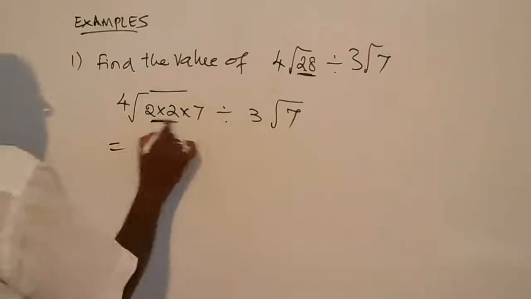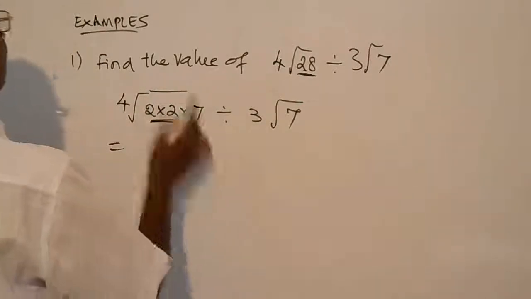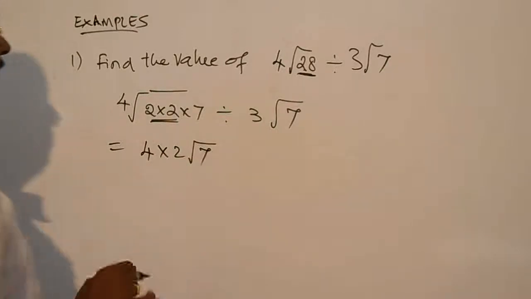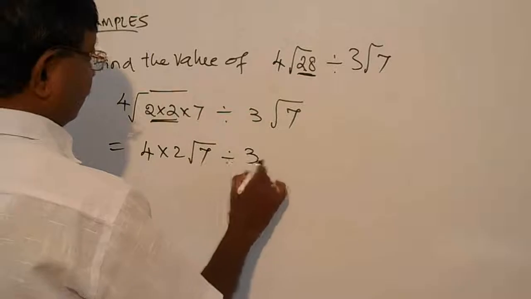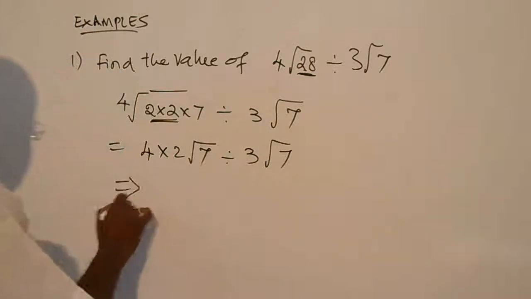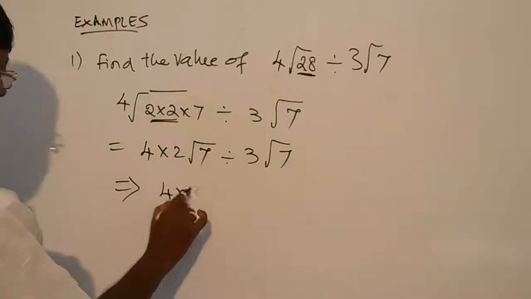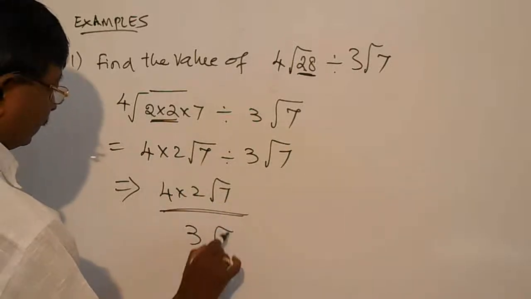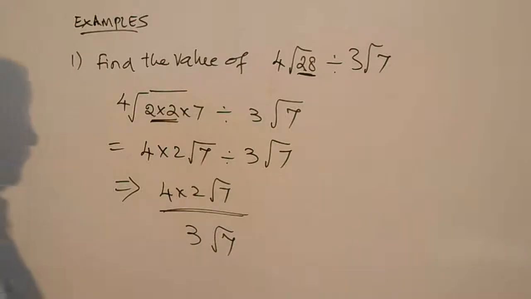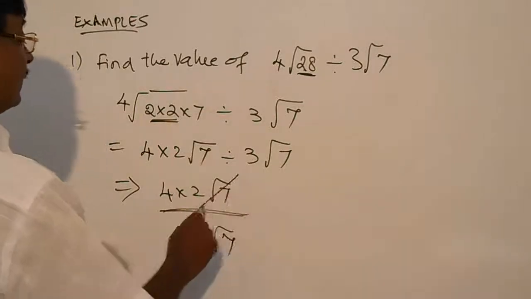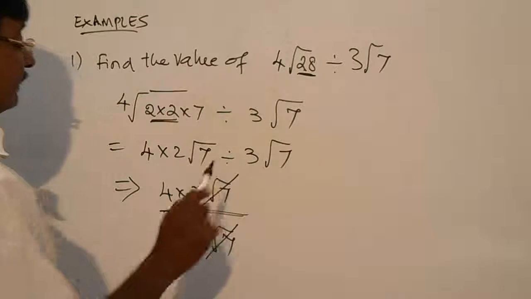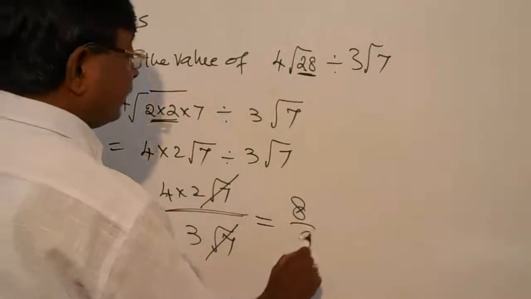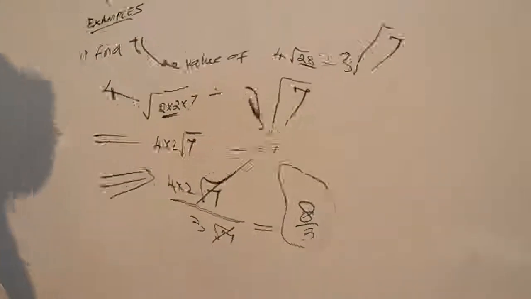Since a 2 has come out of the root, it becomes 4 into 2 root 7 divided by 3 root 7. This root 7 gets simplified. The answer here is 4 into 2 is 8 divided by 3.